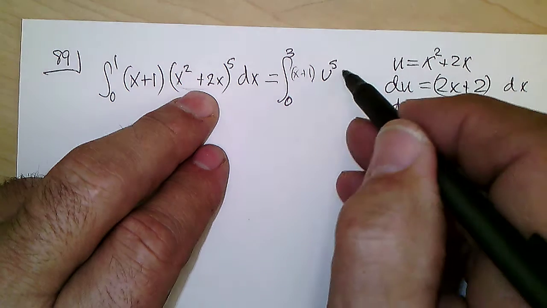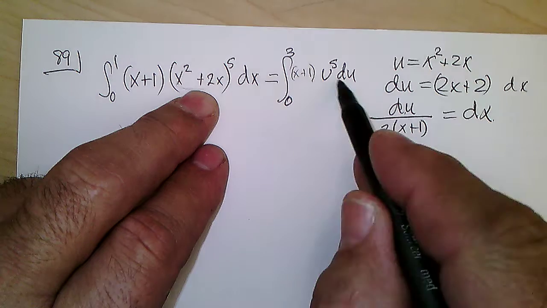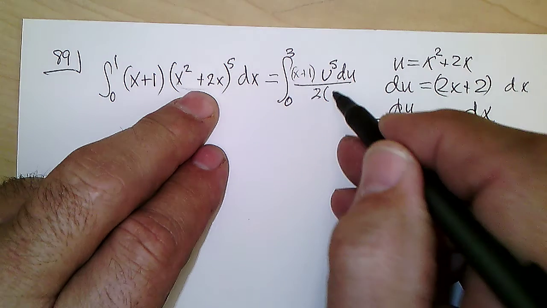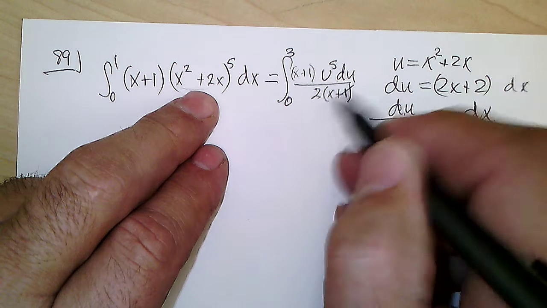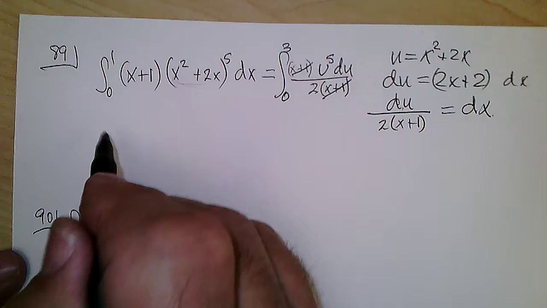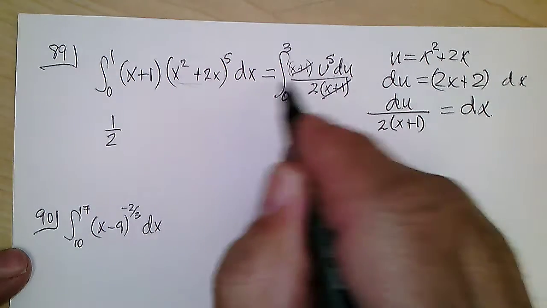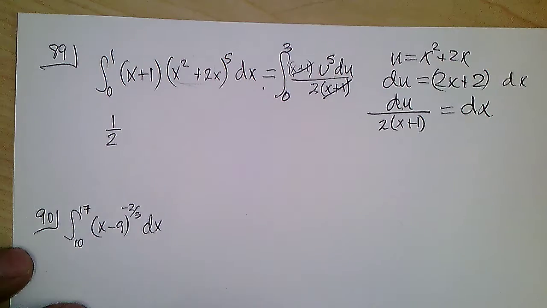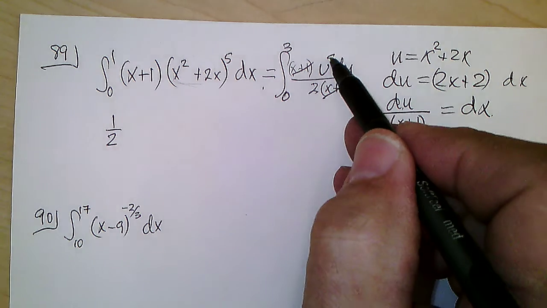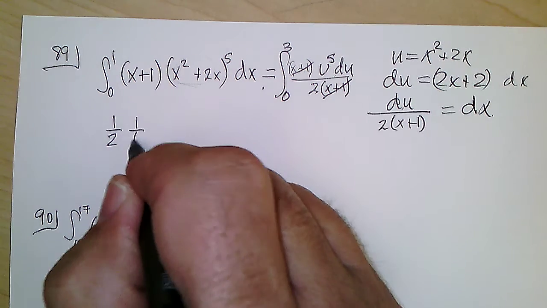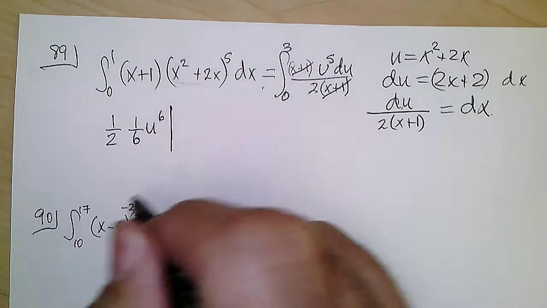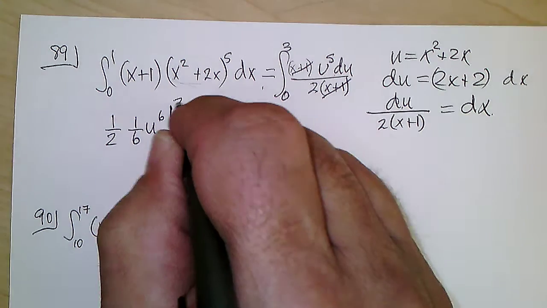And dx is going to be du over 2 times x plus 1. So I have 1/2, taking the 2 out. Integral of u to the 5th will be 1 more than 5 is 6. 1/6 u to the 6th. Since I changed my limits, I can just go with 0 to 3.